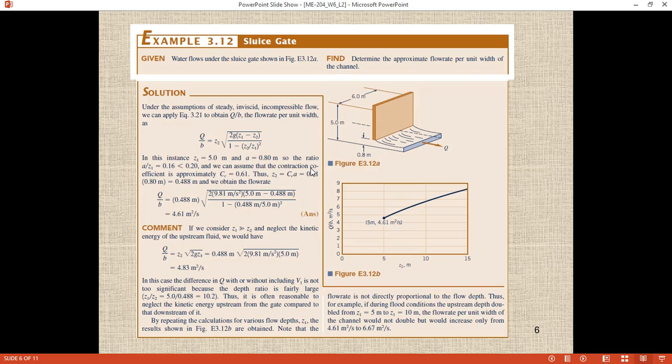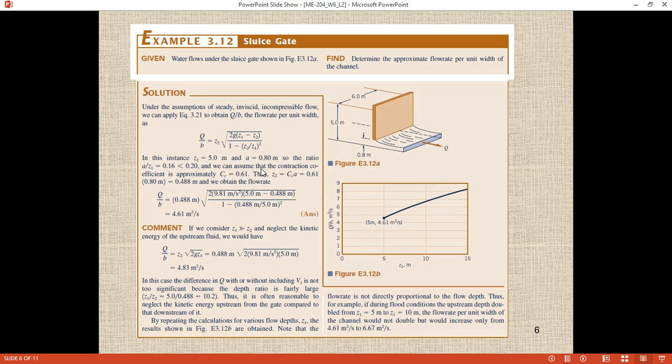This is called the vena contracta, because its area, the thickness of the discharge, is less than the gate opening. So what is the relationship between them? This is your Z2 and this is your A. Cc is the ratio Z2 over A, equal to 0.61.